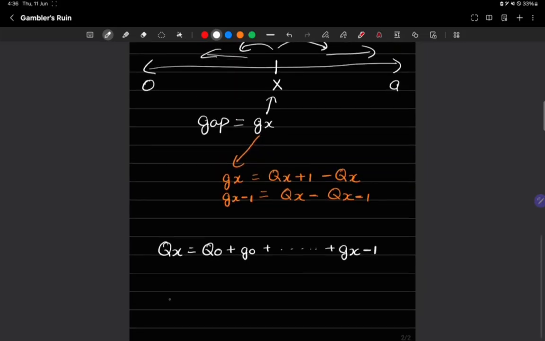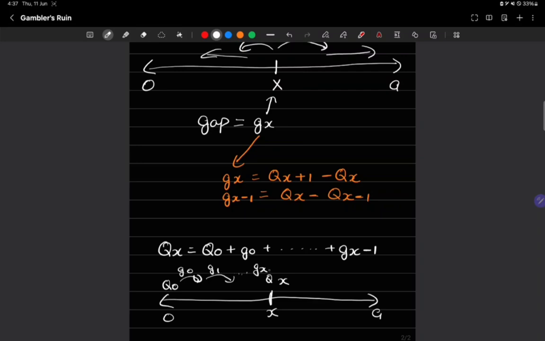This is our number line, this is our position x, this is our position A, and this is our position 0. So between Q0 and Qx there are certain gaps that you are adding till Qx minus 1, because Qx minus 1 denotes one position just before Qx.